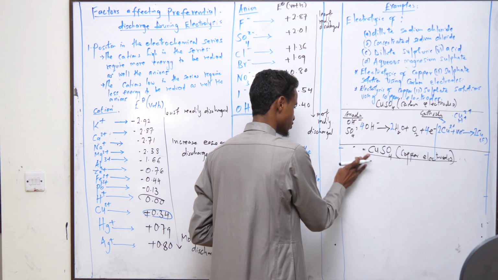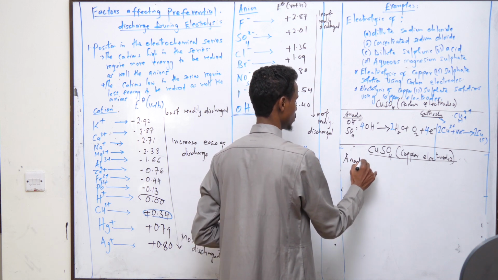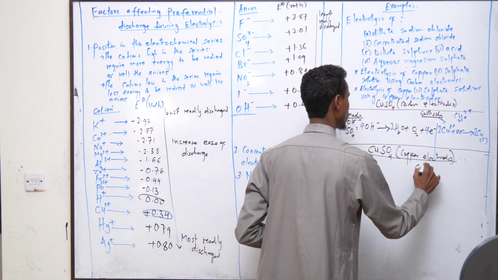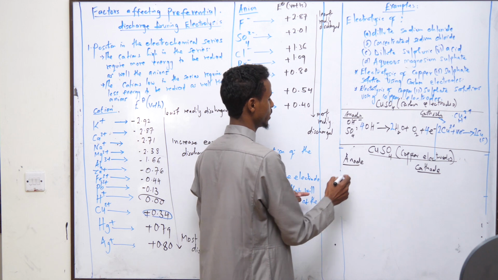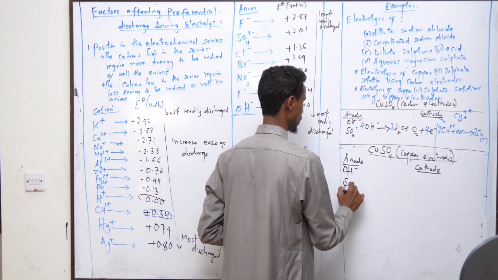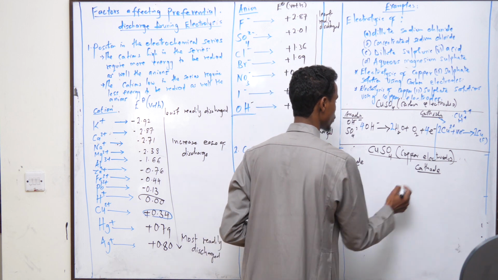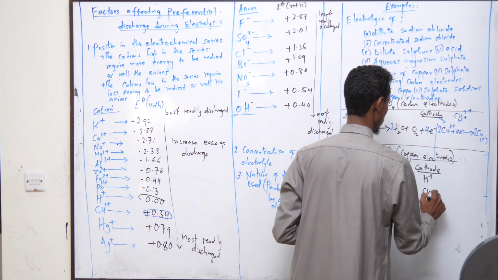Now, we have the anode and we have the cathode. At the anode, we will be having hydroxide, we will also be having the sulfate. At the cathode, we will be having hydrogen, we will also be having the copper.